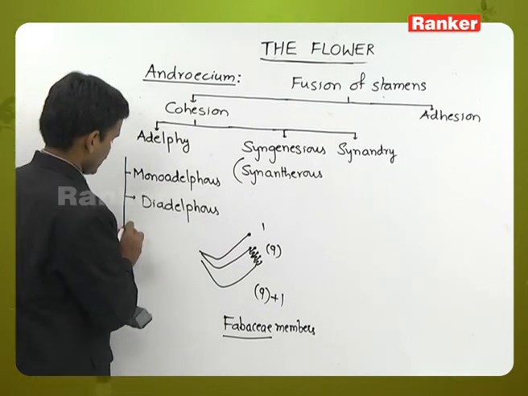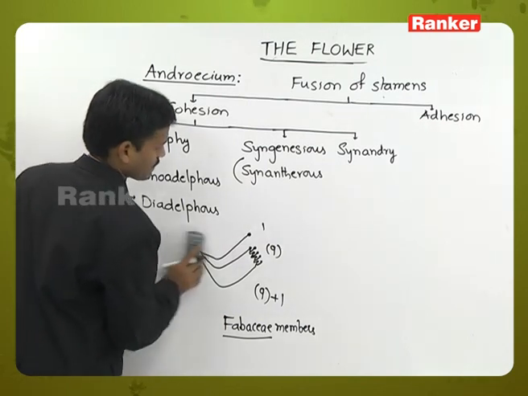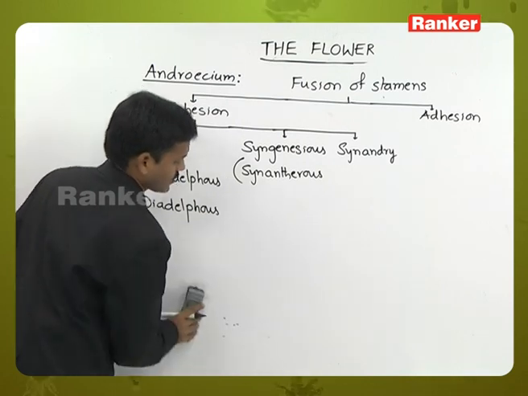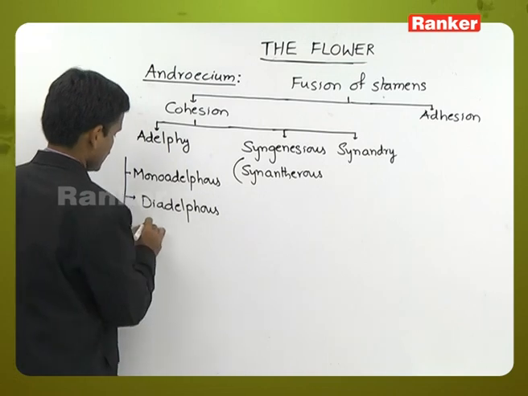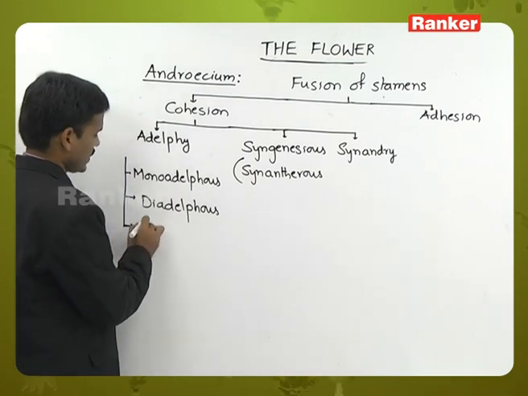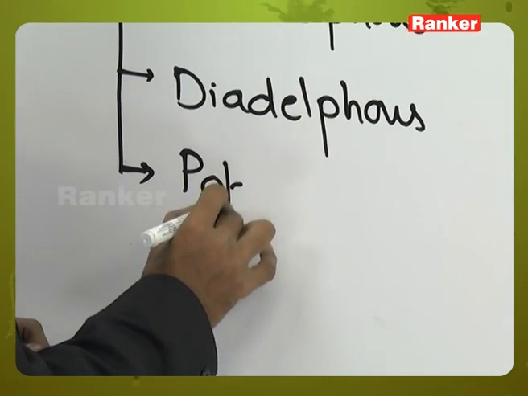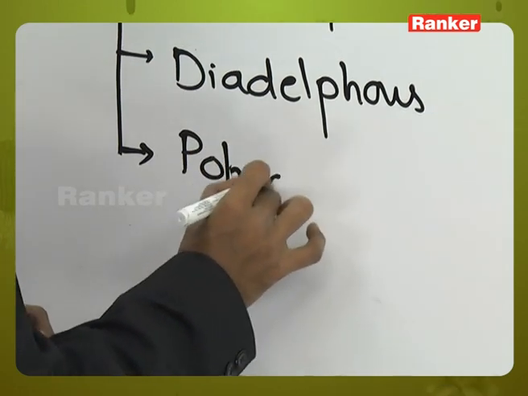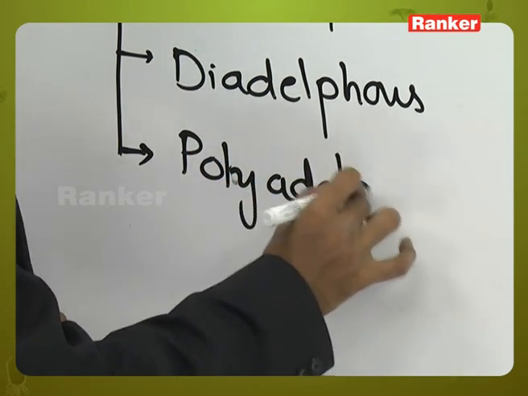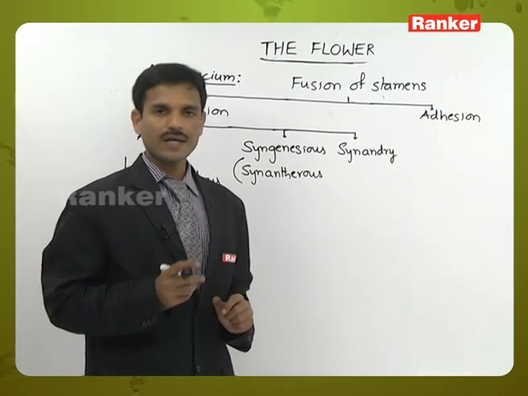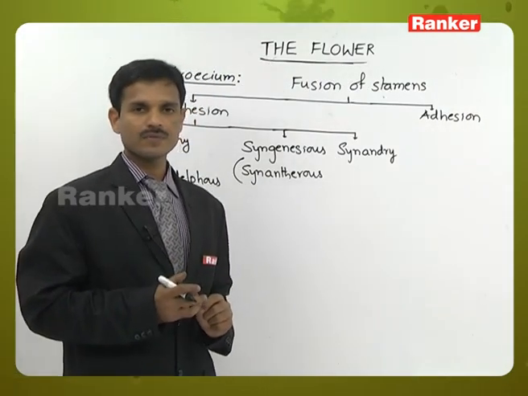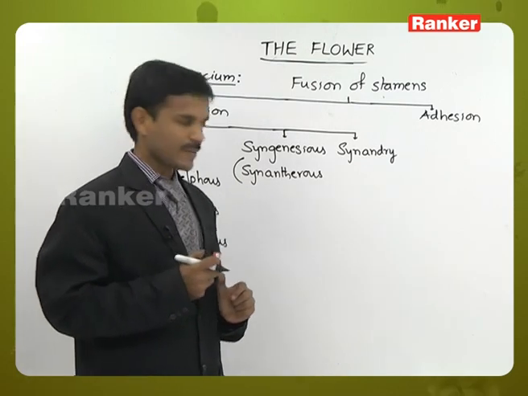The third type of Adelphi is polyadelphous condition. In polyadelphous, a number of bundles are formed after the fusion of filaments.